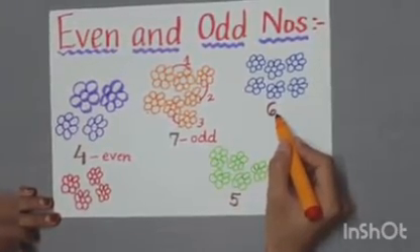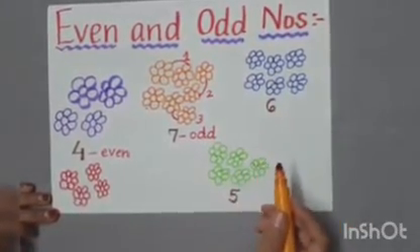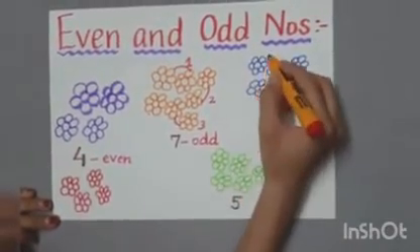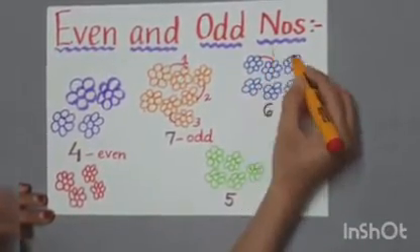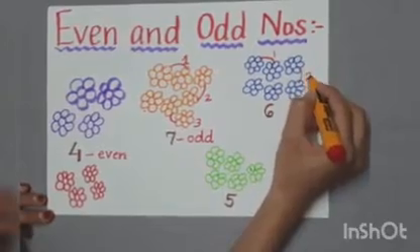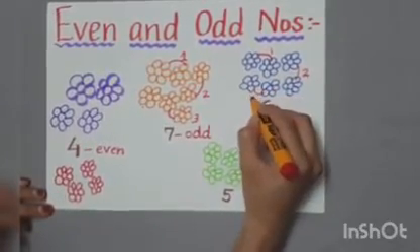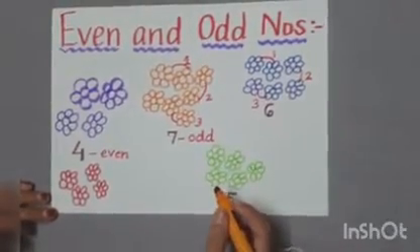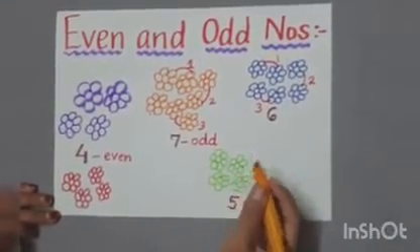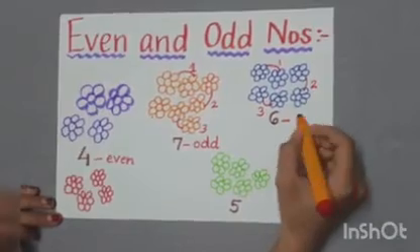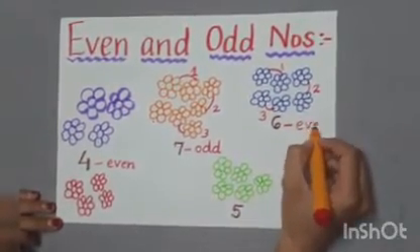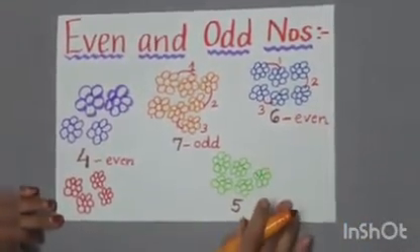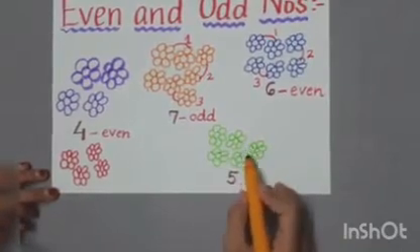Now I have 6 blue flowers. Can I make pairs of these 6 blue flowers? Yes. Pair number 1, pair number 2 and pair number 3. All the flowers are getting a pair to each other and they are divided equally. So 6 is a even number. The last I have is 5 green flowers.